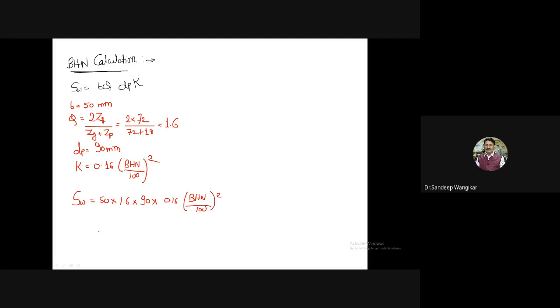Now I want the answer like this: SW is equal to something into BHN divided by 100 bracket square. Assume this as equation number 1. So just multiply the product and tell me the value.